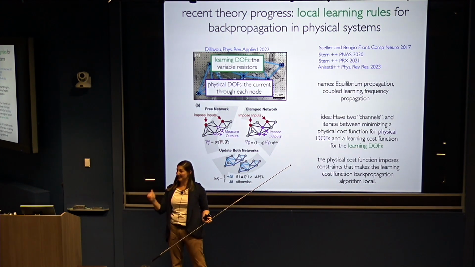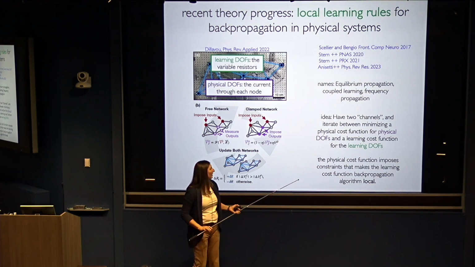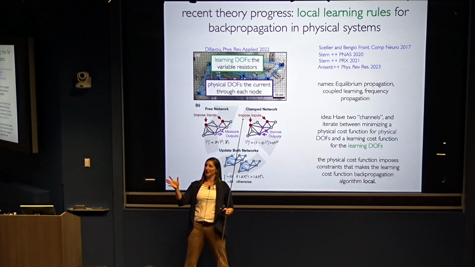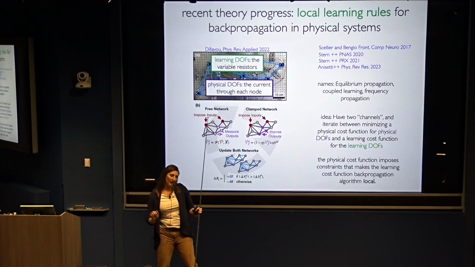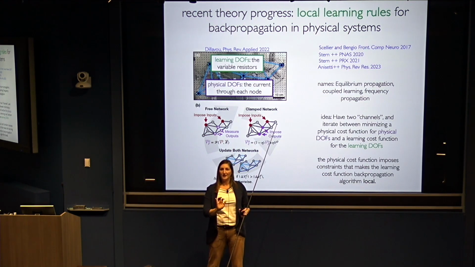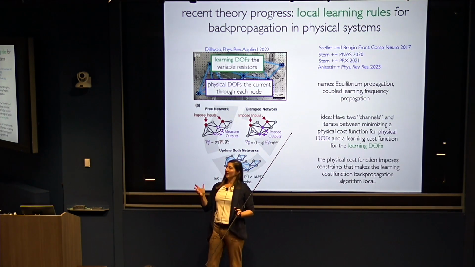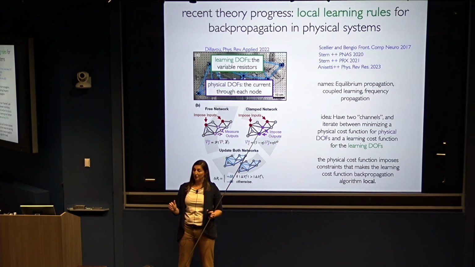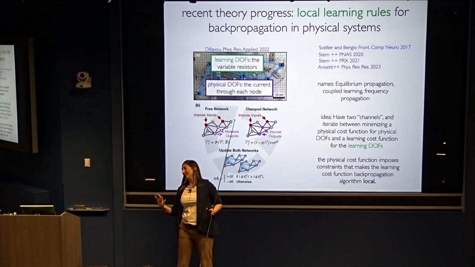In physical systems, like this resistor network, if you have two channels, a physical channel with the physical degrees of freedom and a learning channel with the learning degrees of freedom, then it turns out that doing learning in the learning degrees of freedom is constrained by the physical degrees of freedom in such a way that it makes backpropagation local. And again, if that means something to you, it's a very cool idea, I think.